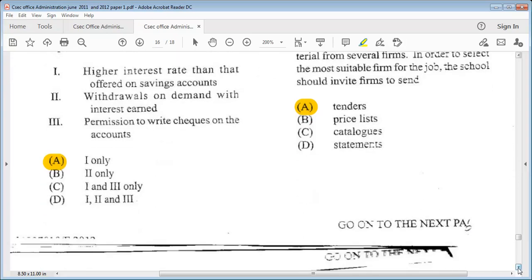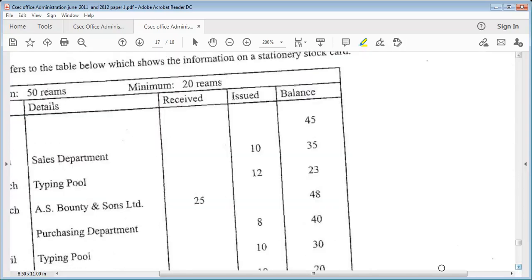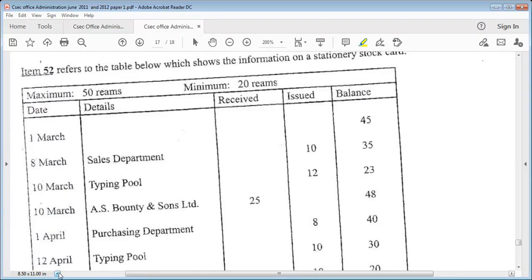Let's go on to question 52. So here it says, item 52 refers to the table below, which shows the information on a stationery stock card, all right? So the maximum we have 50 reams, minimum 20 reams. So on the 1st of March, there was a balance of 45.